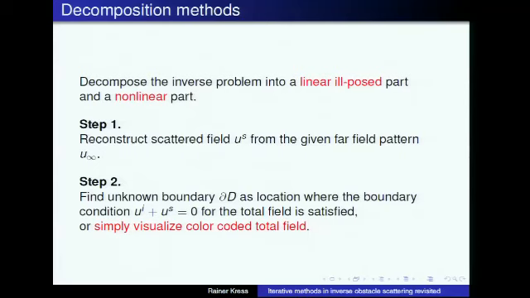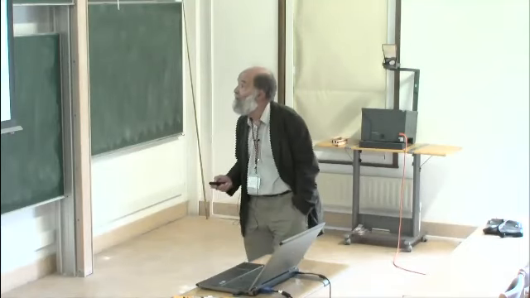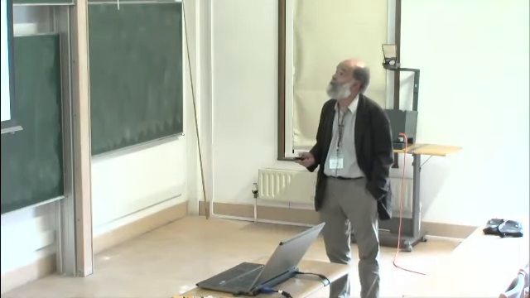And then in the second step, assuming that we have an approximation of the scattered field, we try to find the boundary by the location of the zeros, or more simply just by visualizing the total field color-coded and seeing it from the visualization.